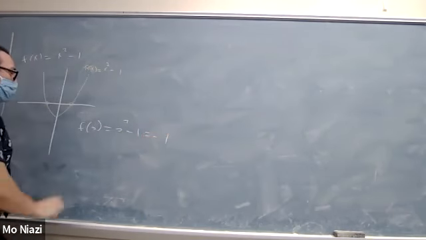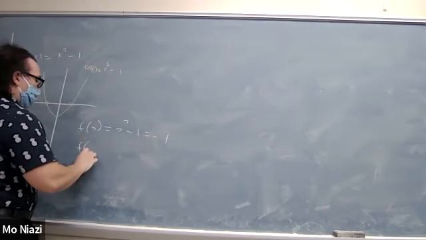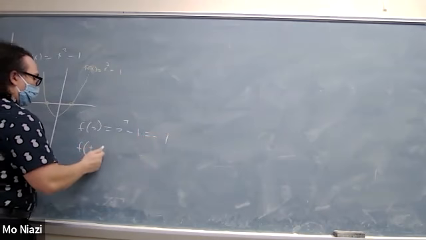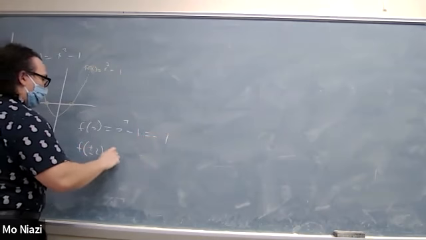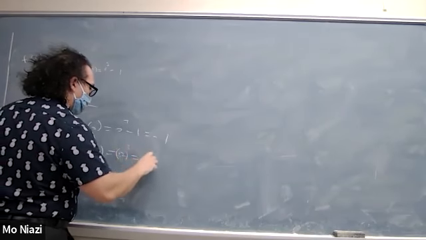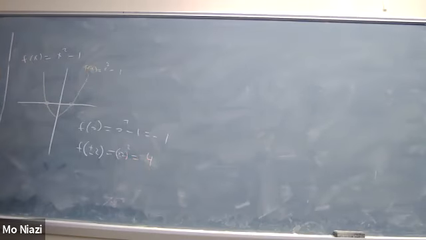it assumes a negative value, and for other values, let's say f of plus or minus 2, it becomes plus or minus 2 squared, which is 4. So if it used to be at a negative point, and now it's at a positive point, it must have crossed the x-axis.